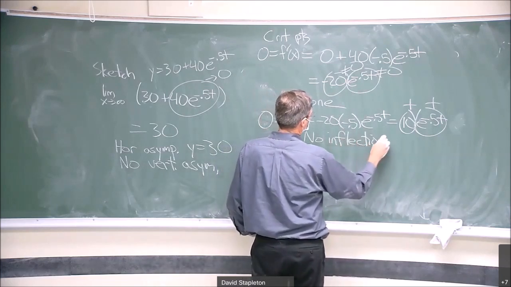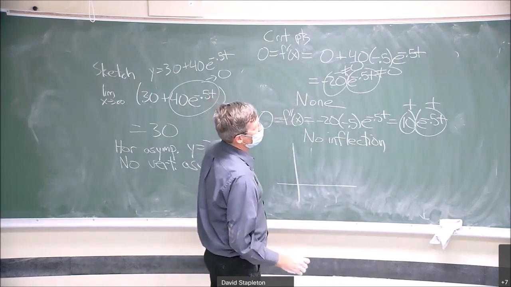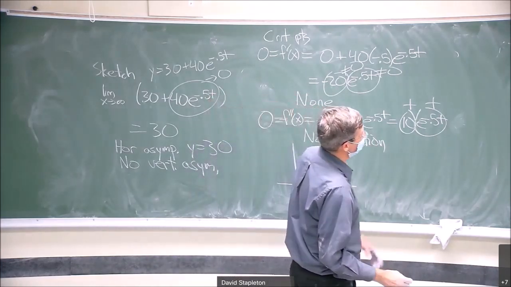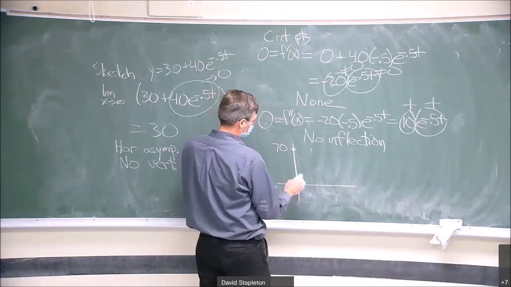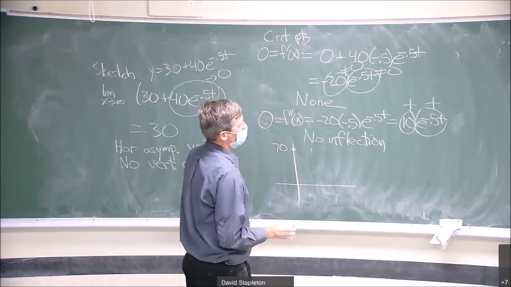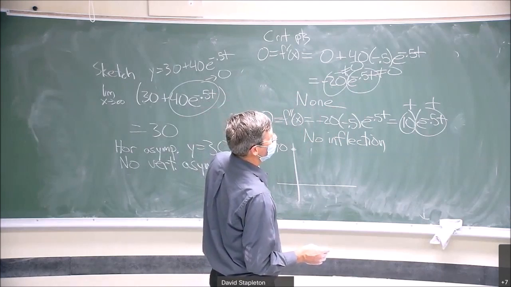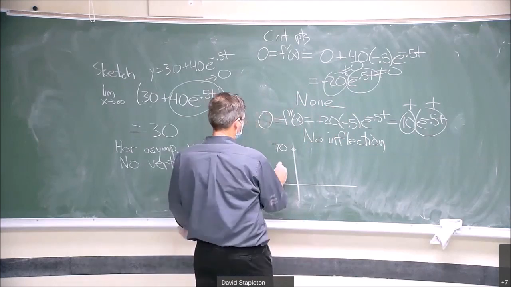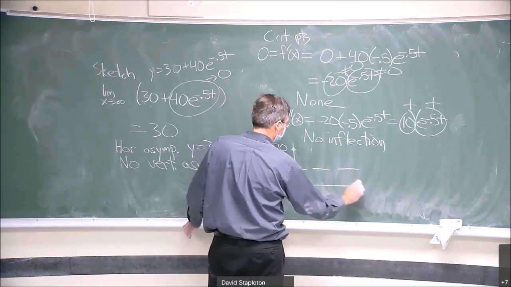If I think about it for a second, I start at the initial point when t equals 0, I'm equal to 70 degrees. And I draw my asymptote, which was 30 degrees. Y equals 30. Here's t time, here's y.